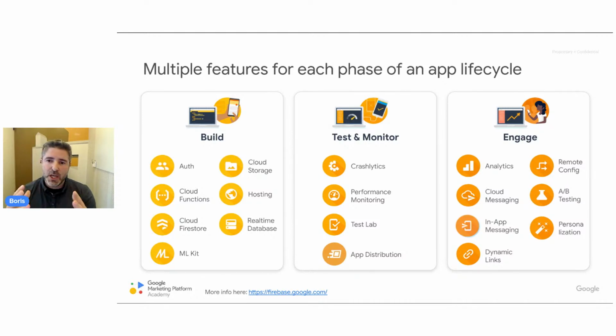It contains authentication feature, storage and hosting services, databases, etc. The test and monitor bucket improves app quality via performance monitoring, crash monitoring via Crashlytics, and some other features. While the engage bucket, which we talk about today, allows us to interact with app users directly via messaging or personalized user experience.